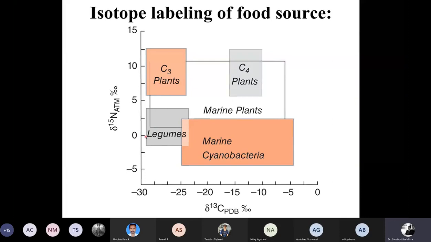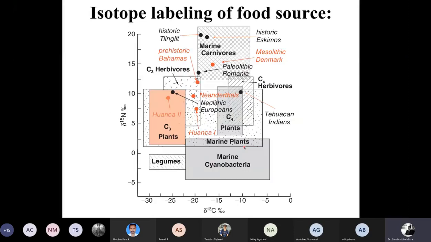So their nitrogen isotopic composition is close to 0 per mil. And then there is the marine cyanobacteria, which are also getting their nitrogen isotopes from the atmosphere, but have a large range in carbon isotopic composition, because depending on what the DIC carbon isotopic composition is, they are going to have their own intrinsic carbon isotopic composition.